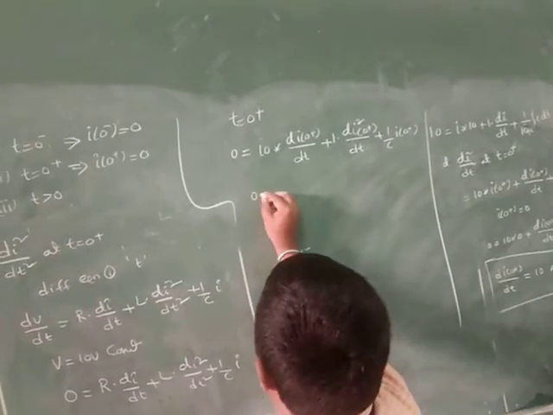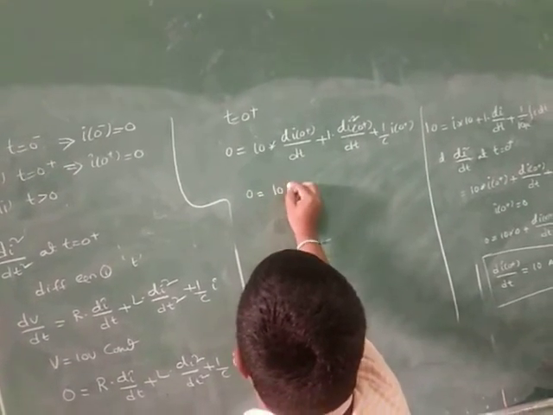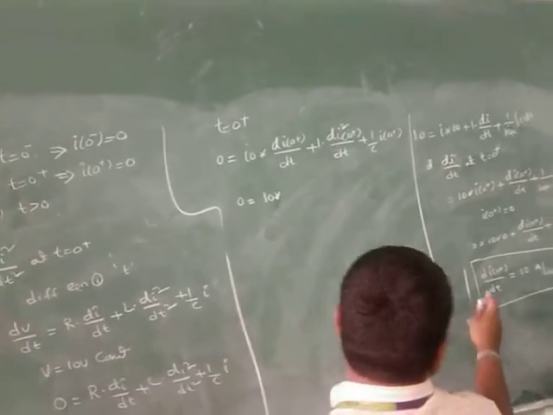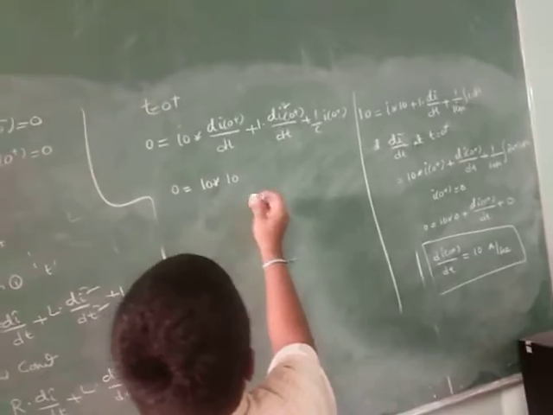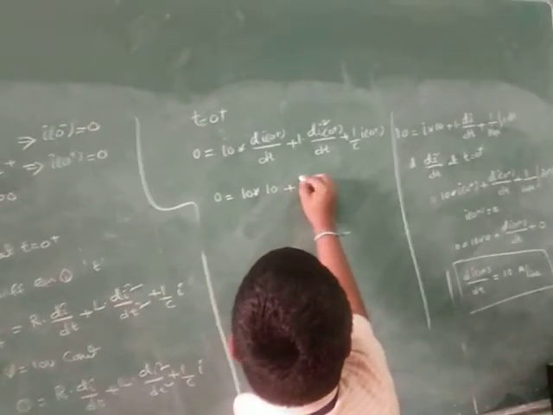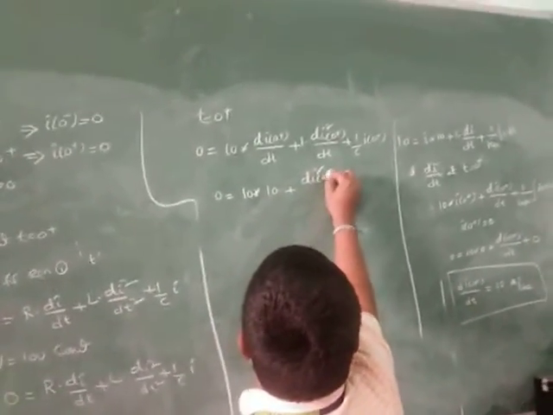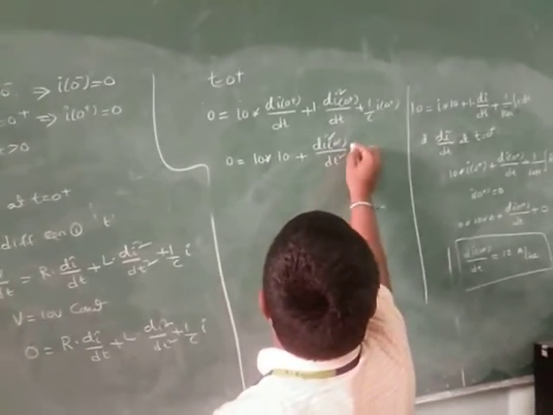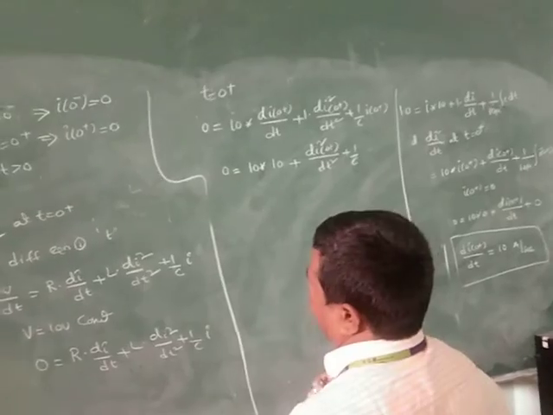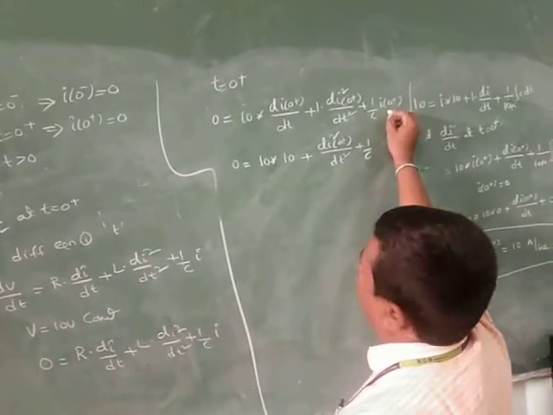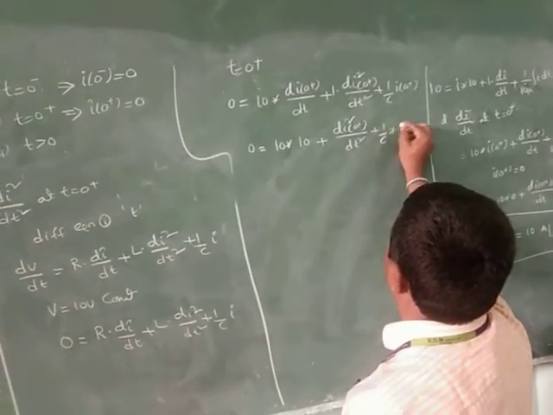So 0 is equal to 10 into, already you know di(0+)/dt is equal to 10, 10 into 10 plus d²i(0+)/dt² plus 1 by C i(0+) is equal to 0, 1 by C into 0.